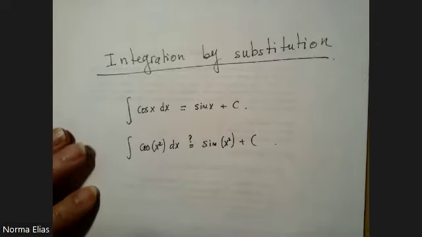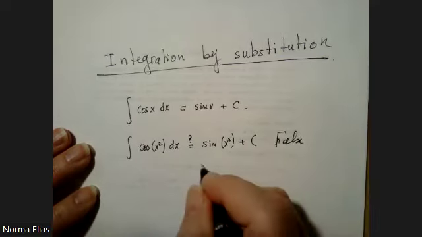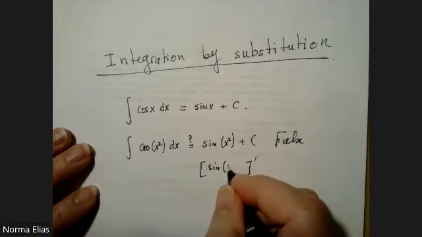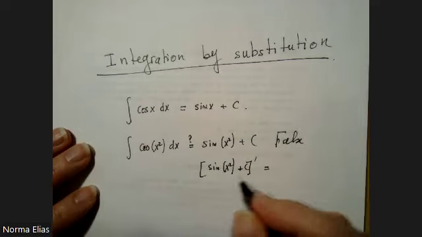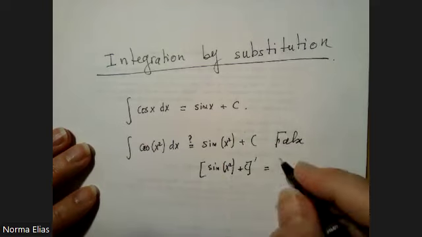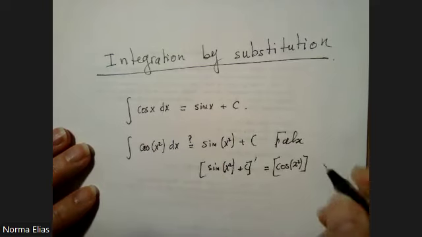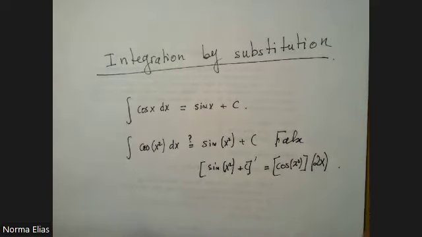Quickly, true or false? Absolutely false. Because if I differentiate the right side plus c, the chain rule always is the issue. It's cosine x squared times 2x. That's what the chain rule is telling me.